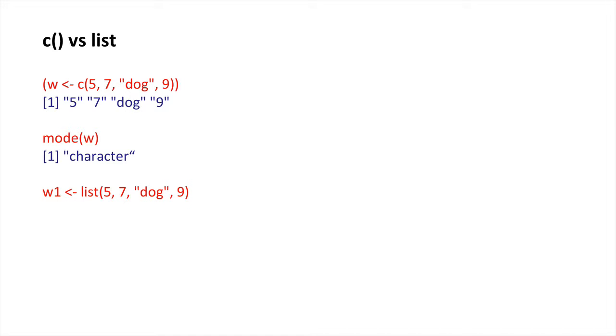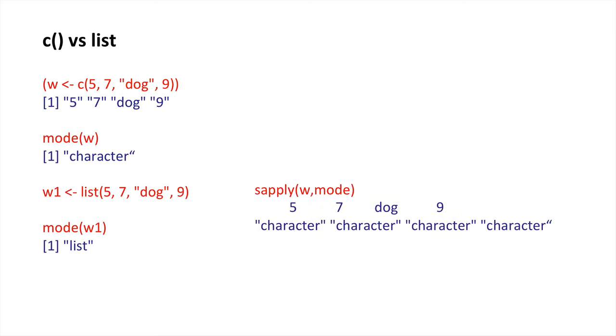Now let's try this, where we have w1, which is defined as a list. So here we have different types of elements explicitly recognized, and we can ask what the mode of w1 is. Well, the mode of w1 is a list.